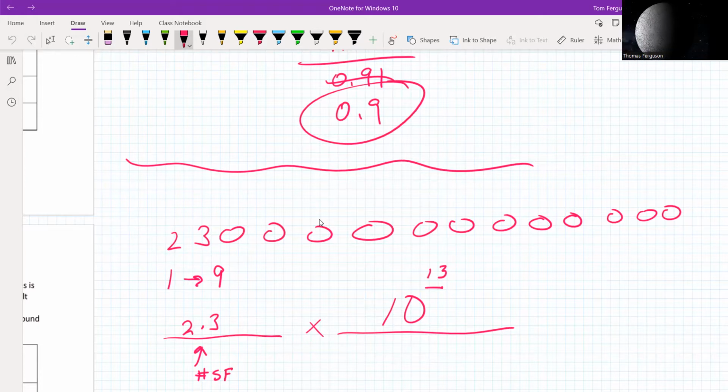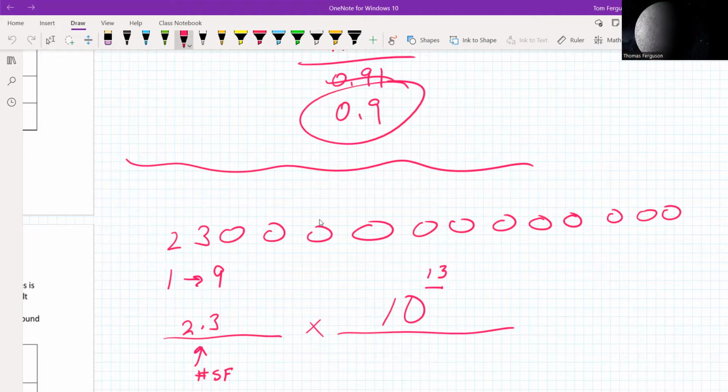So this exponent does not determine the number of sig figs. Can anyone guess why? Kind of a tricky question. How many sig figs do you think that number has as an exponent? Not 0. What's the opposite of 0?